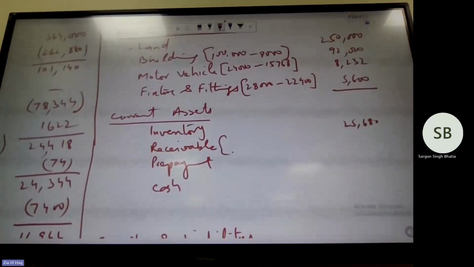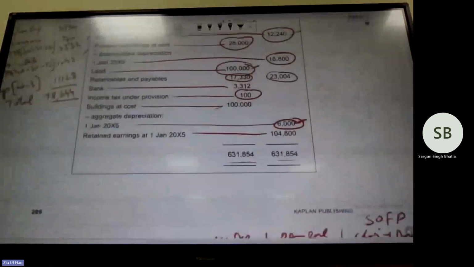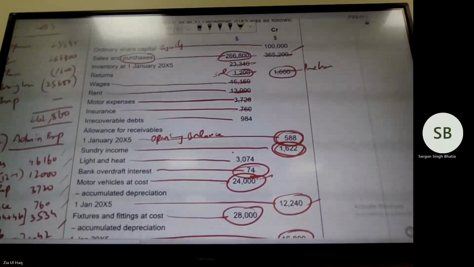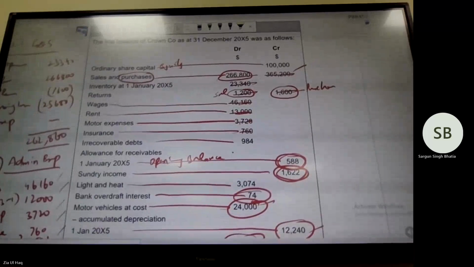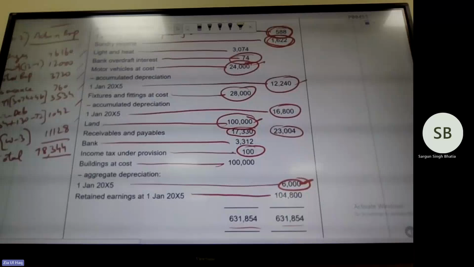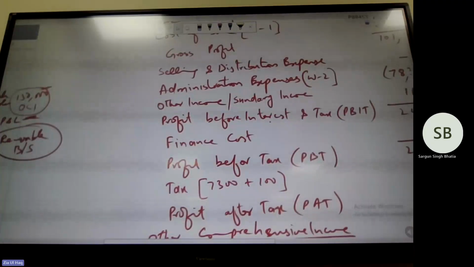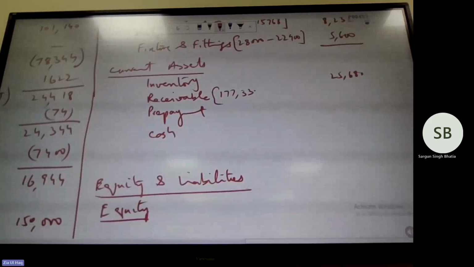For receivables, we need to adjust balances. The receivables and payables were combined in the balance sheet, and the receivable figure is 177,330.